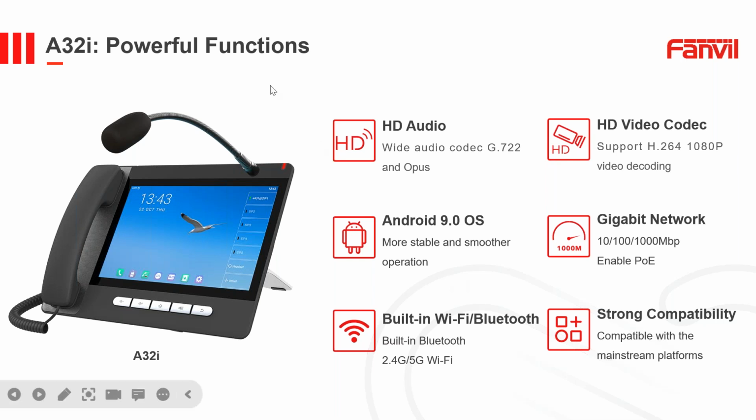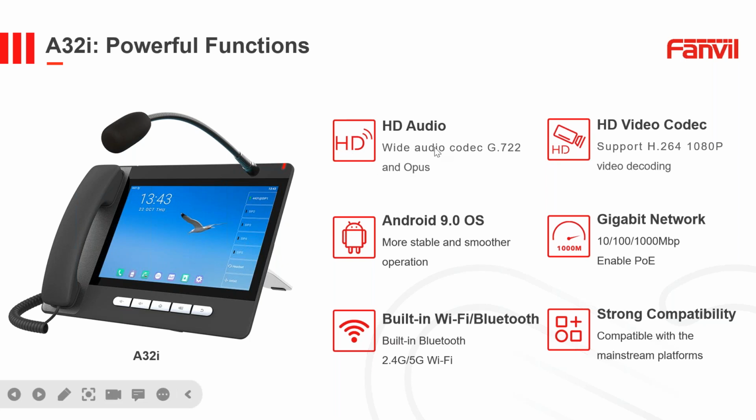First, I want to introduce our IP console phone A32i. The i means the gooseneck microphone. You can see this picture. The gooseneck microphone can pick up your sound more clearly. And you can use the 10-inch screen to set public address tasks more visually.